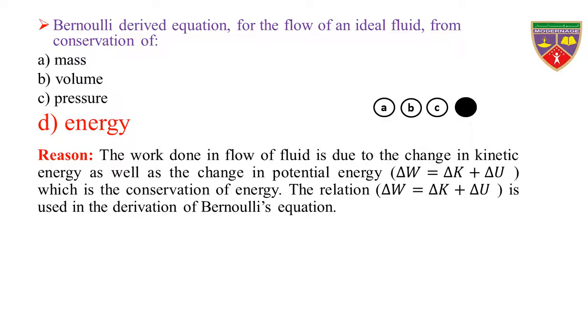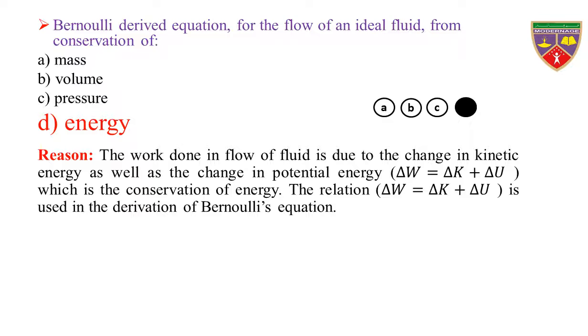Reason. The work done in flow of fluid is due to the change in kinetic energy as well as the change in potential energy. Delta W is equal to delta K plus delta U, where delta W is the work done, delta K is the change in kinetic energy, delta U is the change in the potential energy, which is the conservation of energy.